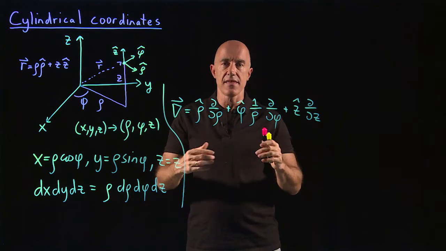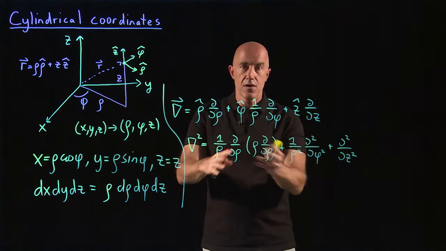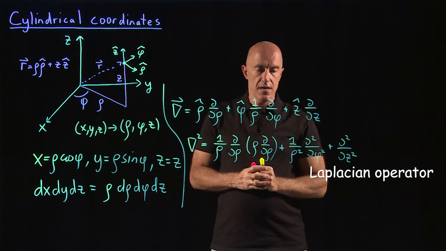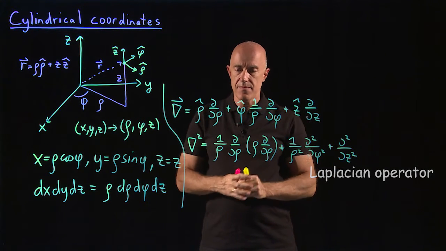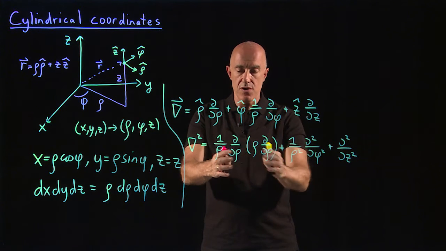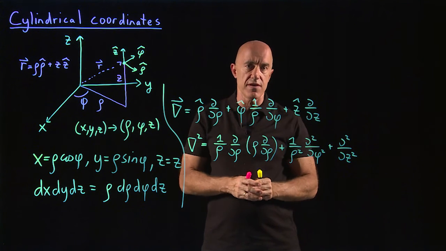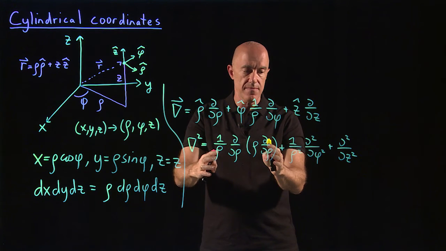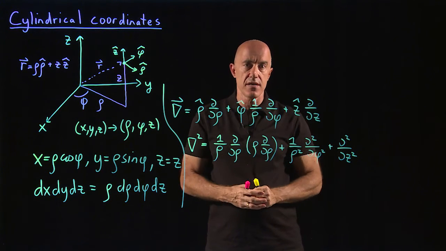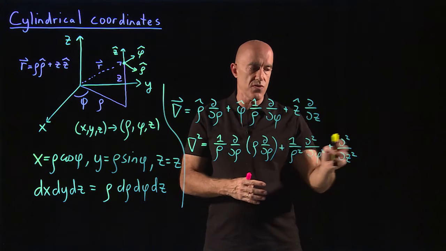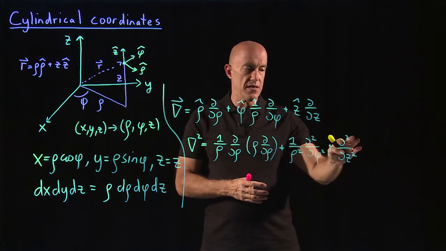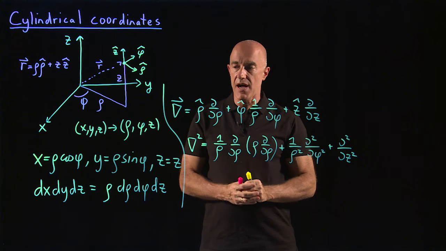Okay, let's look at the Laplacian now. This is the Laplacian operator, a bit more complicated. 1 over rho d/d rho of rho d/d rho. So this has both a first derivative in it and a second derivative in it, plus 1 over rho squared d squared d phi squared, and then plus d squared dz squared, because the z unit vector is fixed, doesn't depend on phi.